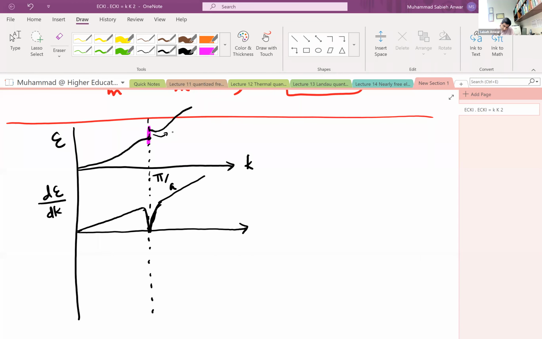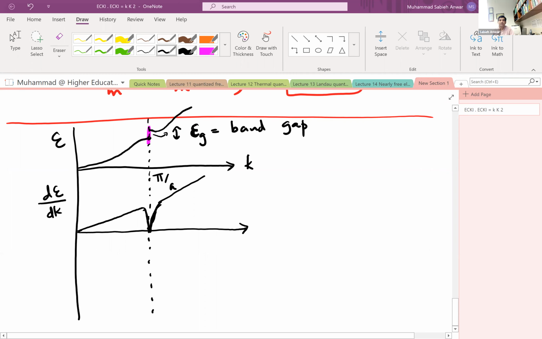Now this gap here, let's call this gap Eg, the band gap, even though you still don't know what is meant by bands. At the band gap, the slope of the dispersion relationship shows a notch. Okay, then if I were to take the slope of this slope again, let's see what I would get. Here the slope is a constant and it's positive.